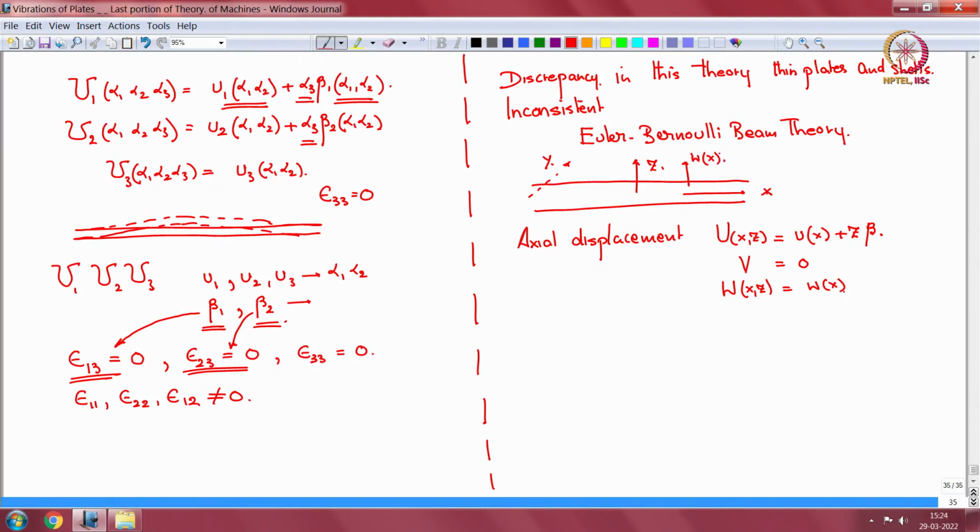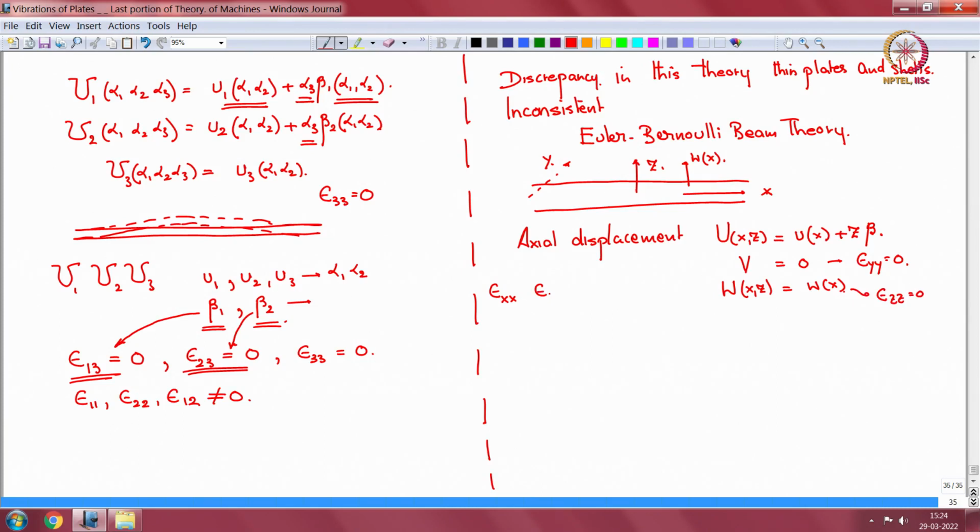Okay. As a result, what happens? As a result of this, epsilon yy is 0. Okay. Then what are we left with? We are left with epsilon xx, okay, and epsilon zz is 0 from here. Okay.